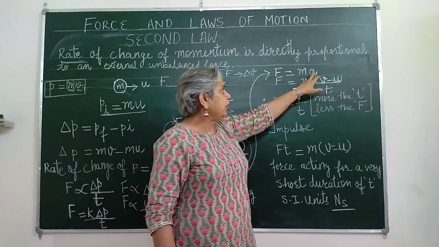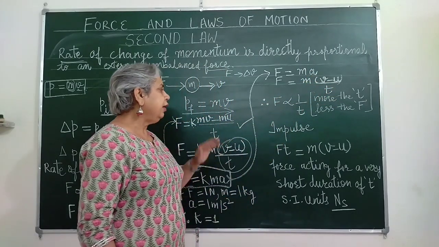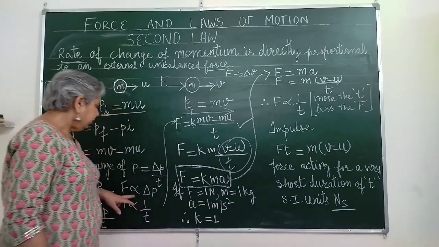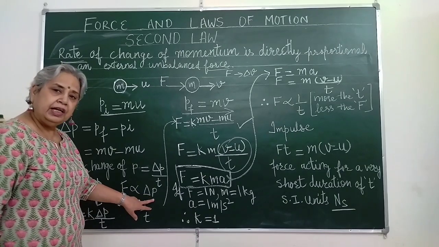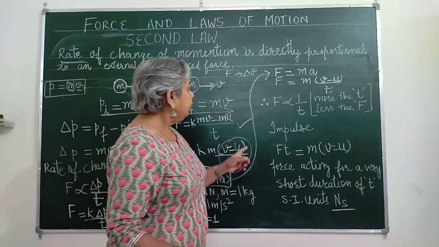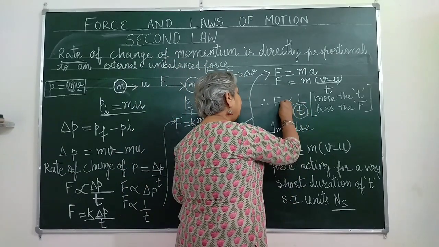Now, instead of acceleration, we can always write v minus u upon T, and then we again come to the conclusion that force is directly proportional to change in momentum but inversely proportional to time. It means more is the time, less is the force.